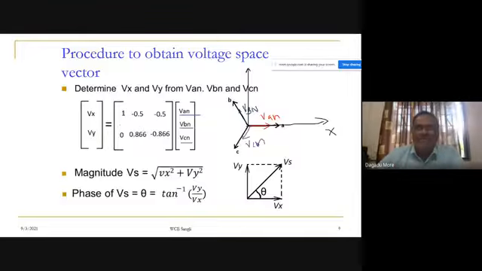So we have VAN as it is along the x-axis, and VBN we can project along the y-axis. This angle is 30 degrees.